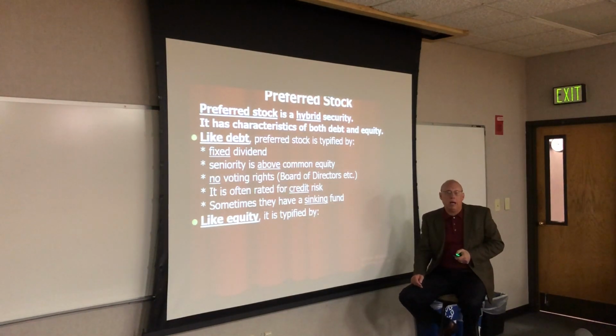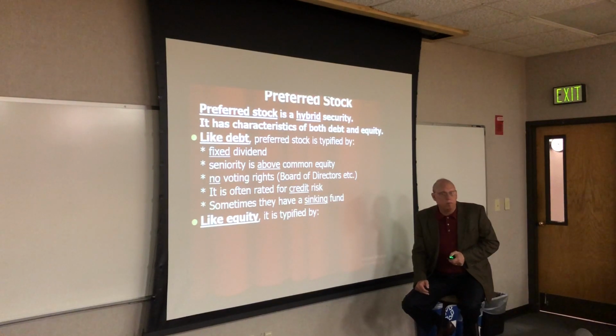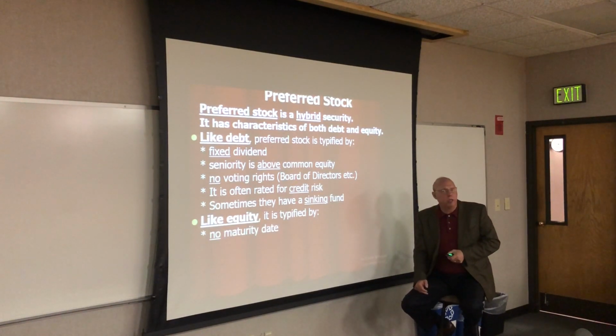All right, so like equity. We've covered now the ways in which a preferred stock is like debt. Now let's talk about how a preferred stock is like equity or common stock. There's no maturity date on a preferred stock. There is maturity for debt, there is no maturity for common stock, and there's no maturity for preferred stock.